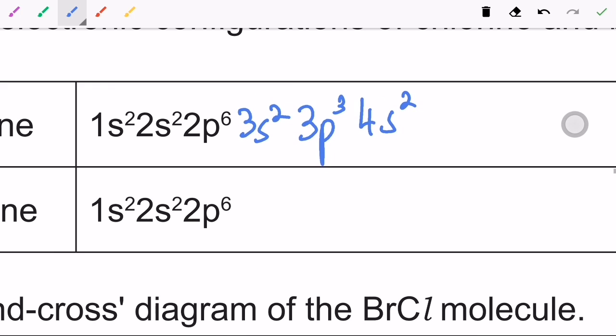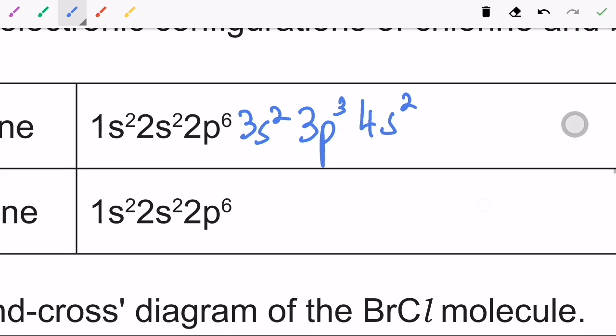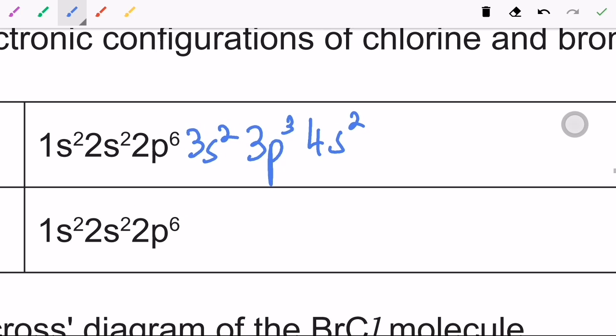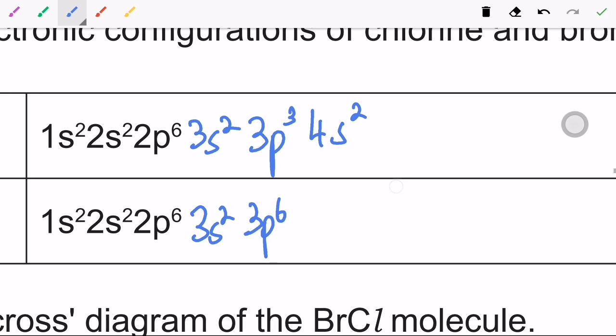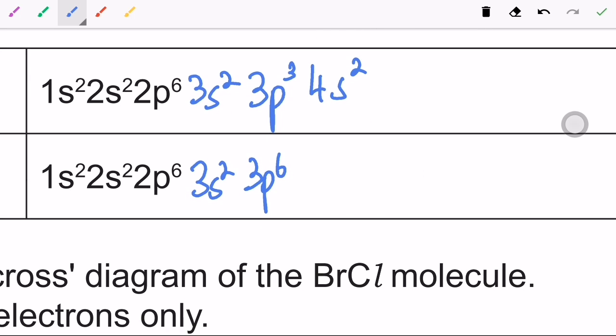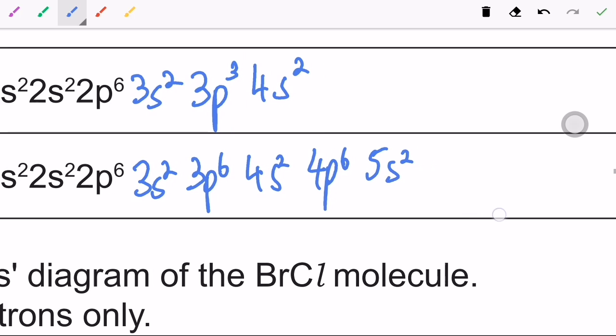Okay, 1s2. So bromine has 35, so it's going to expand to much more. 3s2, 3p6. I'm just going to put 6 because it's definitely much more than the 3p can hold. 4s2, 4p6, 5s2. Sorry.